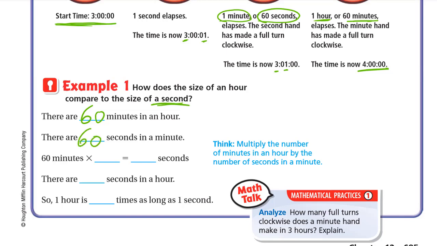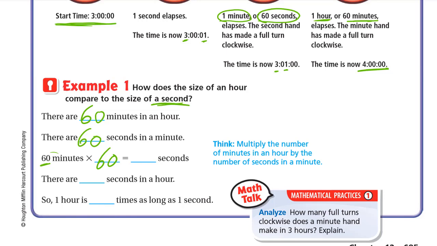So if we need to know the number of seconds, it's like we have 60 groups, and each group has 60 seconds. So 60 multiplied by 60 gives the total number of seconds, because each minute has 60 seconds. It's like 60 repeated 60 times.